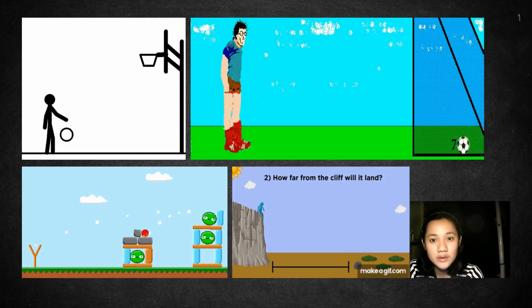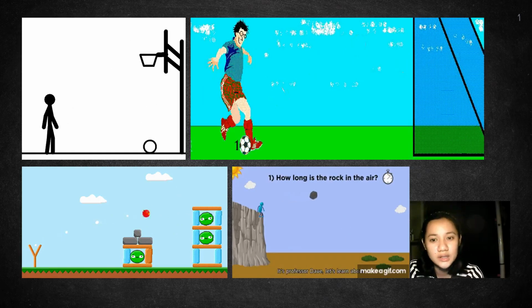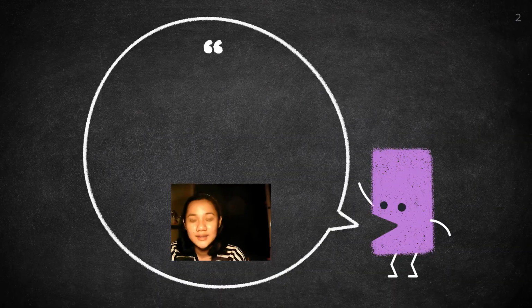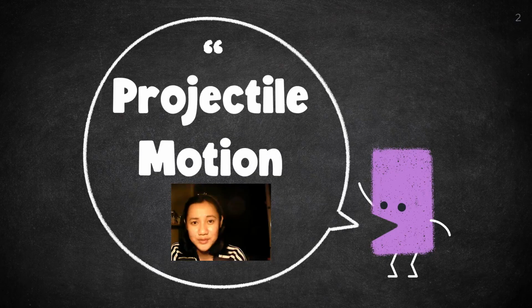So today, we will be talking about the motion that causes an object to move in a curved path. That is called projectile motion. So, what is projectile motion?